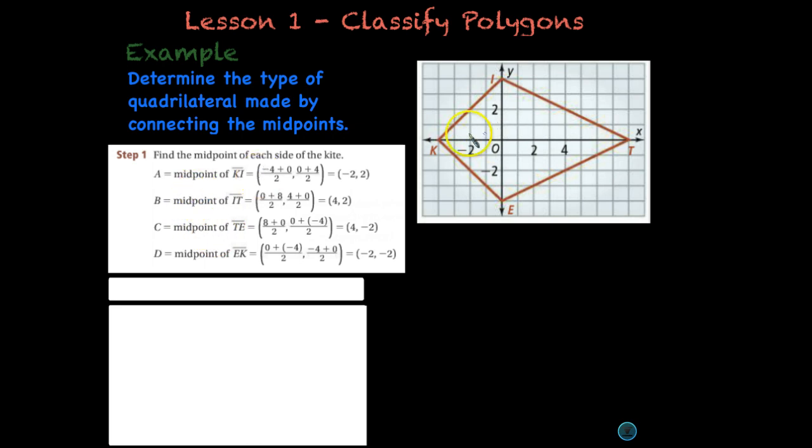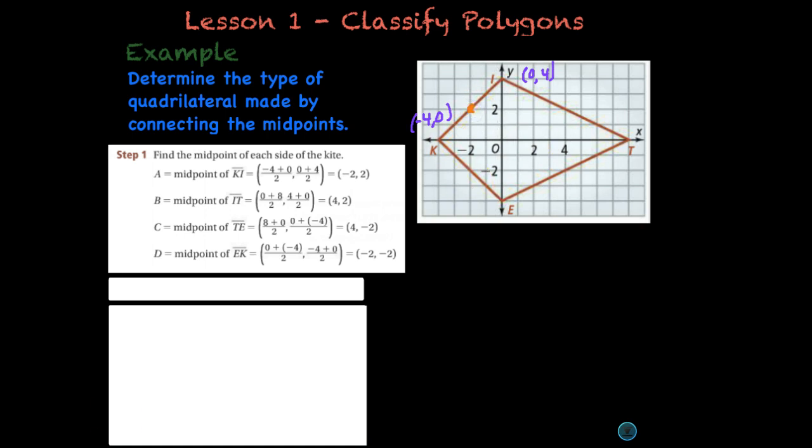So to find the midpoint of KI, remember that I need to take the average of my coordinates. Well, if I look at my coordinates here, this coordinate should be at -4, 0, and this coordinate should be at 0, 4. So I'm just averaging my x's and averaging my y's to get a midpoint of -2, 2 right here.